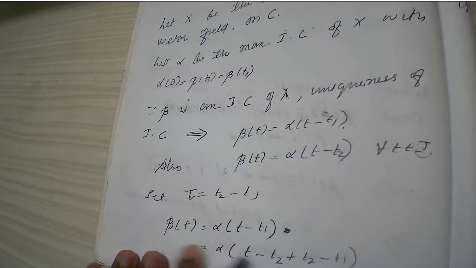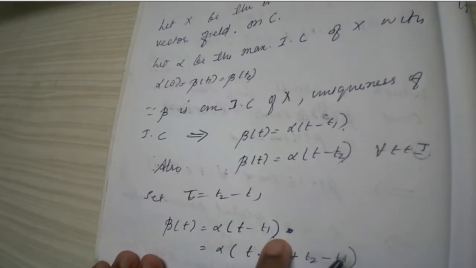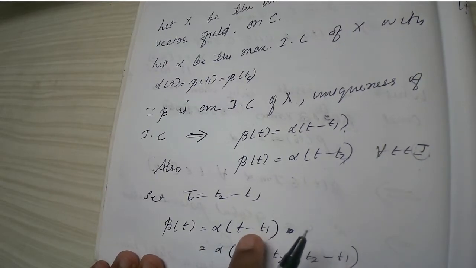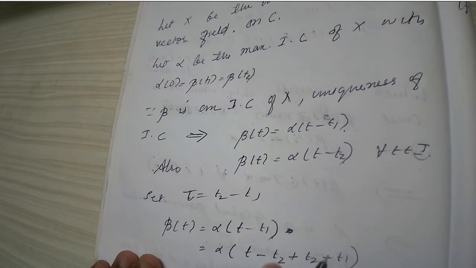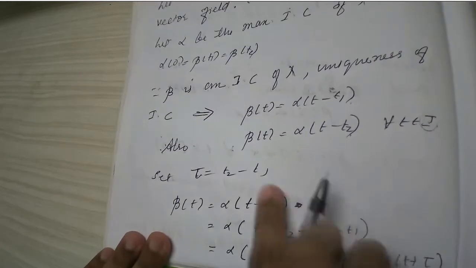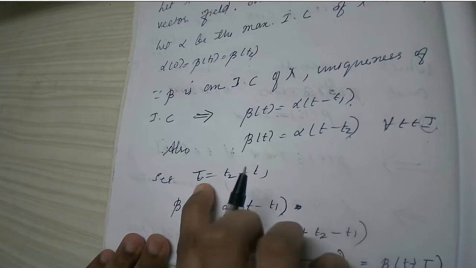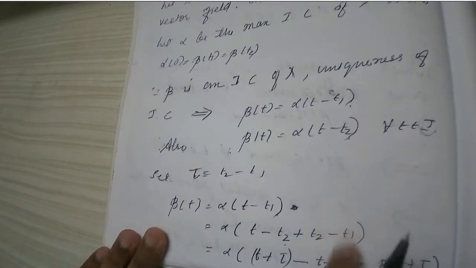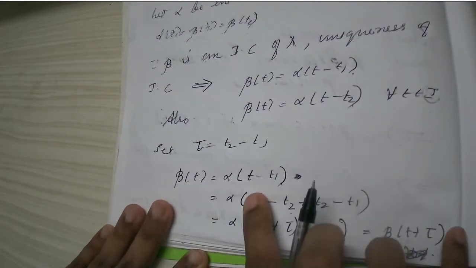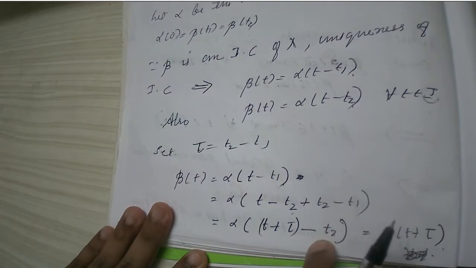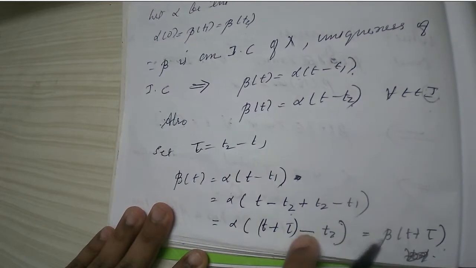So I can rewrite beta of T equal to alpha of T minus T1, and I am going to insert T2, adding and subtracting T2 inside. So I will get it in this format. T2 minus T1 I have taken as tau, so I can replace T2 minus T1 with tau. So I can write alpha of T plus tau minus T2.